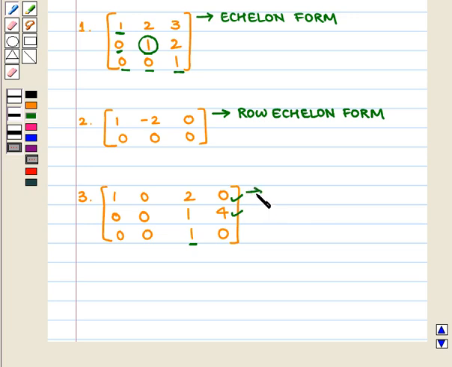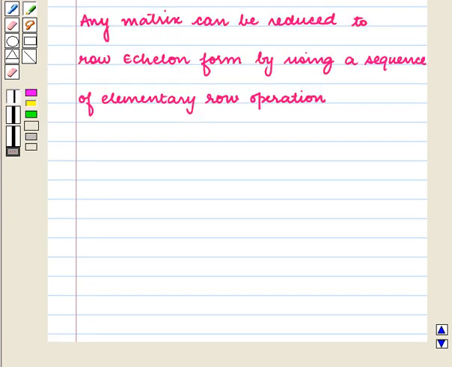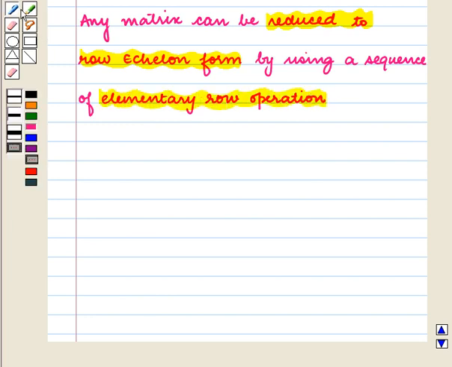So, it is not in echelon form. Any matrix can be reduced to row echelon form by using a sequence of elementary row operations.